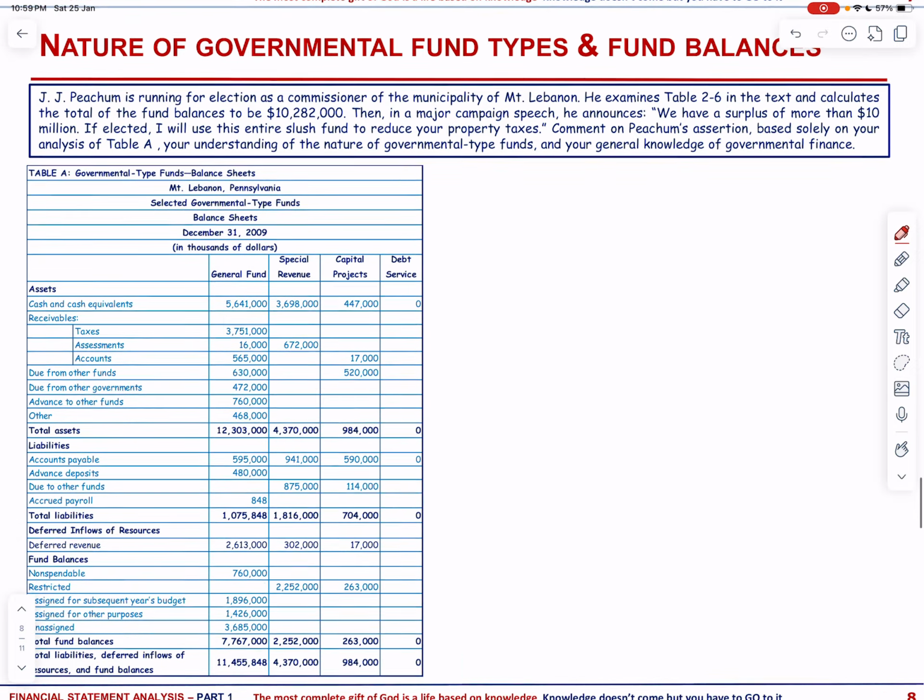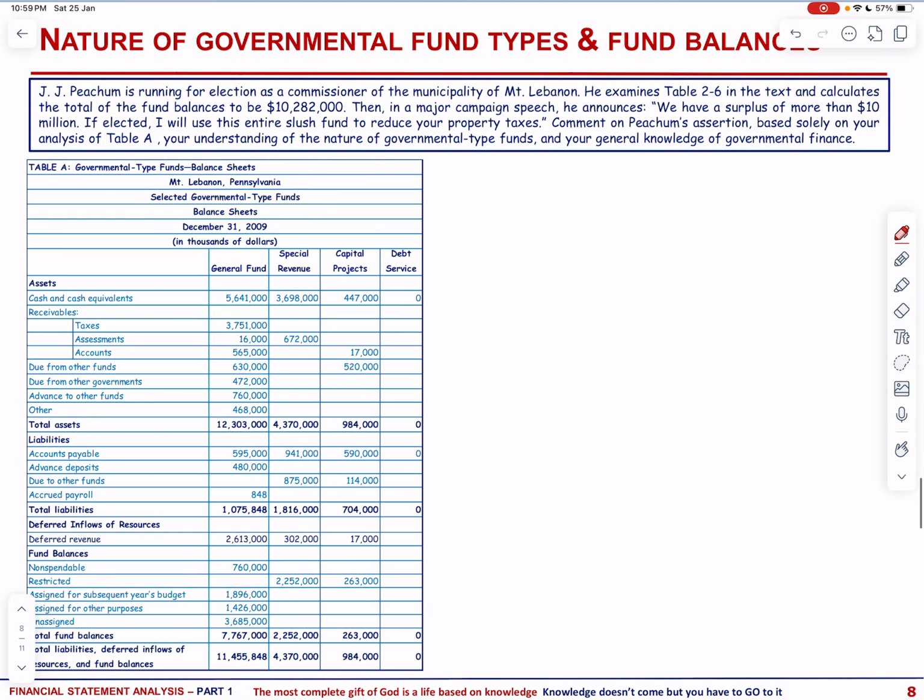Next, let us talk about another exercise. This is on the nature of governmental fund types and fund balances. So, table A. Now, J.J. Peasham is running for election as a commissioner of the municipality of Mount Lebanon.